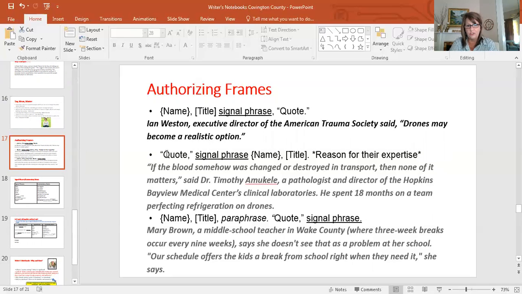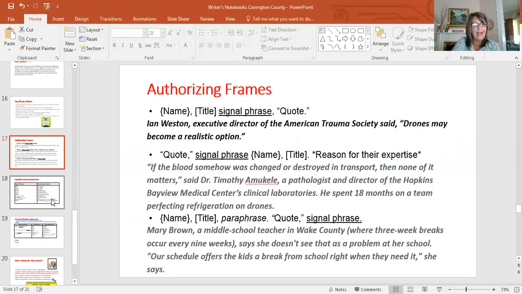Here's another way. You can start with the quote and then a signal phrase, the name, the title, the reason for the expertise. Okay, so this just starts with the quote. You see that here. The person's name and title and the reason for his expertise. Okay, and then here's another way to do it: name, title, a paraphrase, a partial quote, and a signal phrase. Okay.